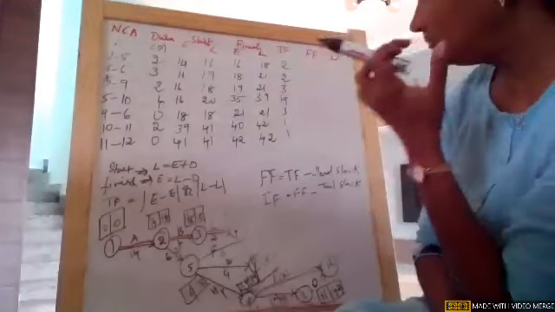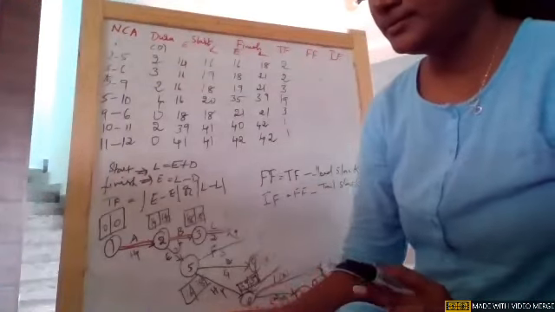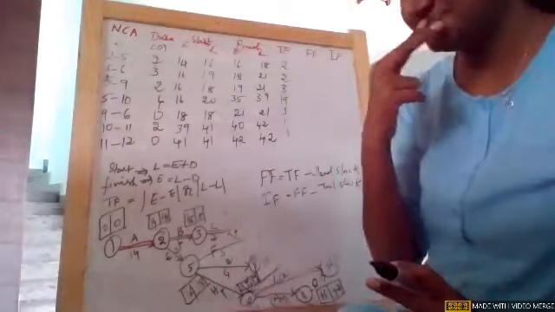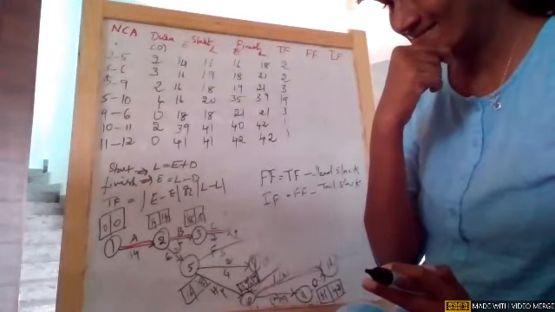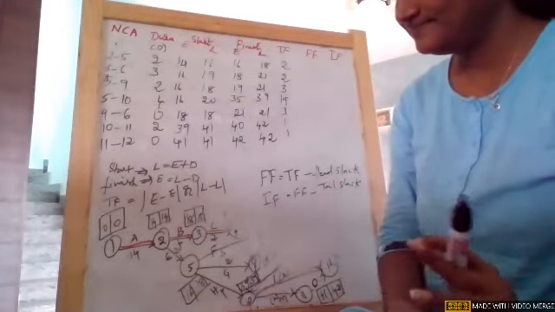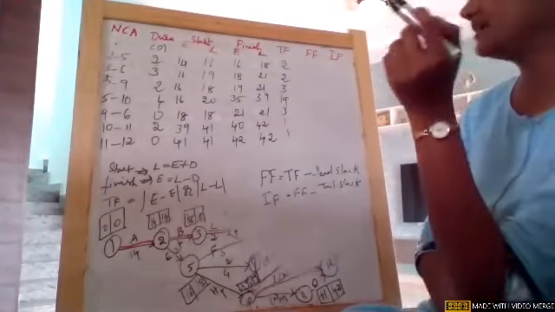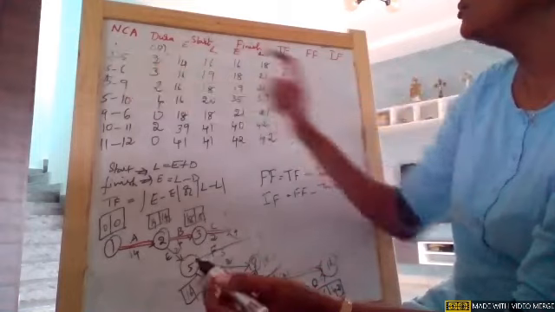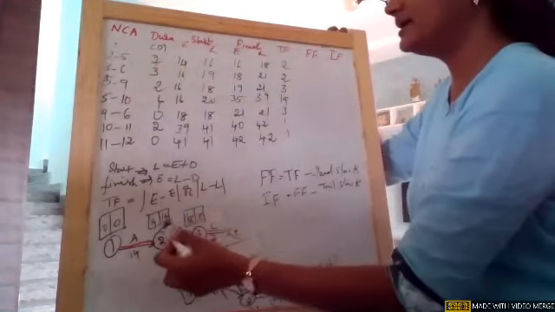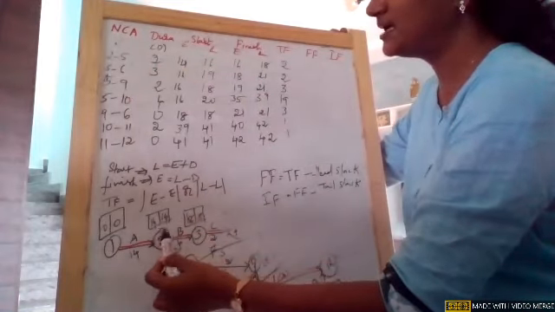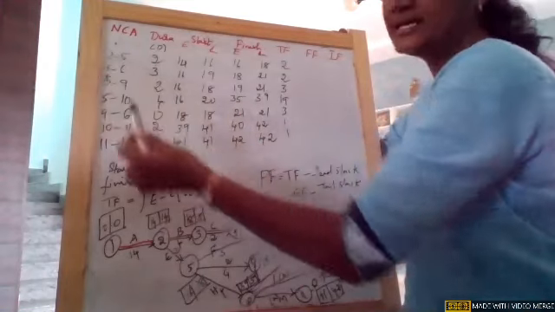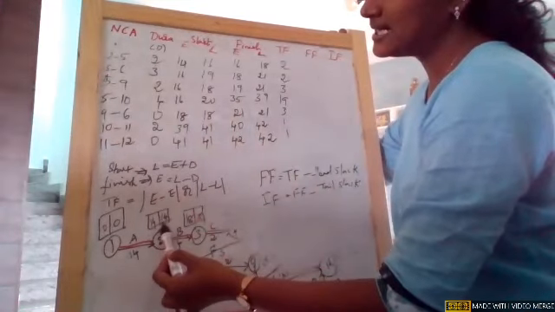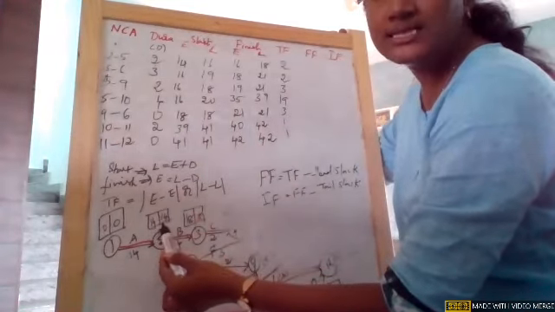Okay, so now, for 2 to 5, the head slack is 2. Slack is nothing but the difference of the earliest and the latest times.